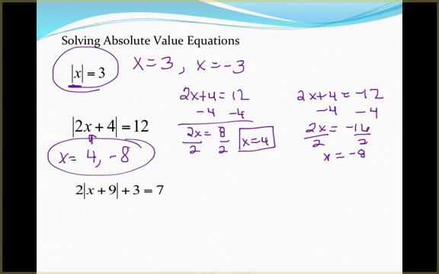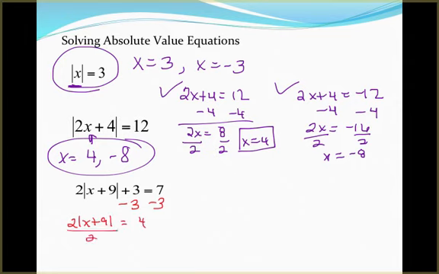Now in the next case, we have our absolute value being added and subtracted and multiplied with other values. Before we can set up our two equations like we did here, we need to first of all get the absolute value by itself. So let's start by subtracting off the 3, and that's going to give me 2 times the absolute value of x plus 9 is equal to 4.